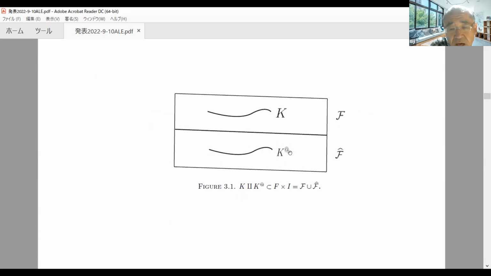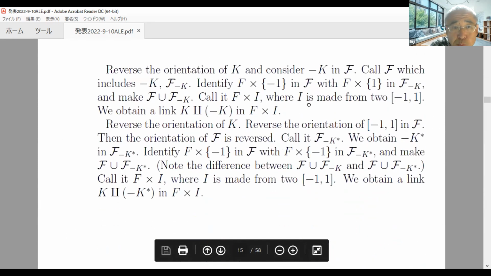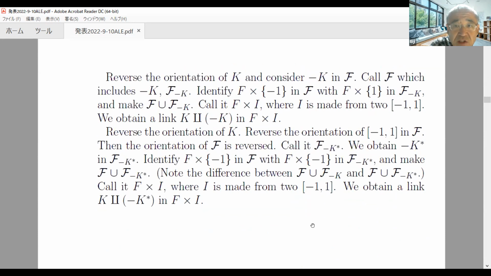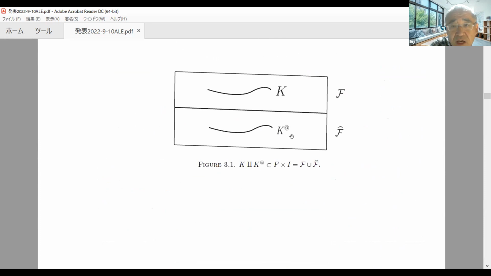K hat in F hat, F hat is a copy. Reverse the orientation of K and consider minus K or minus K star. K hat is minus K or minus K star. They are symmetric with respect to F cross zero.